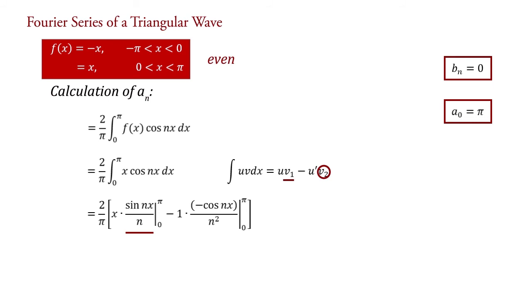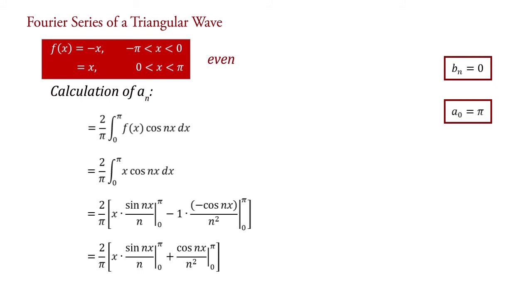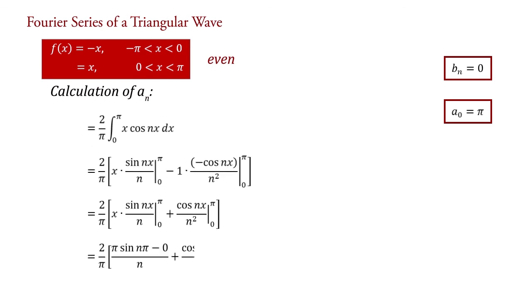So the integration of sin nx upon n is minus cos nx upon n square, with limit 0 to pi.